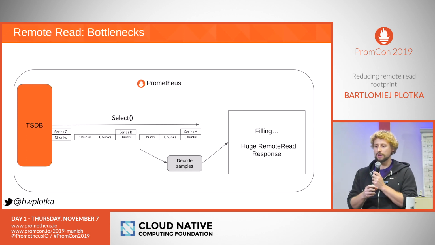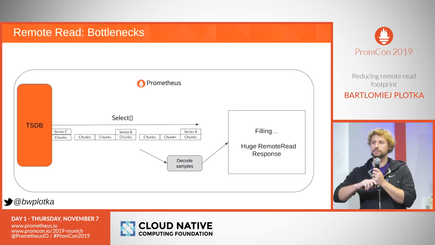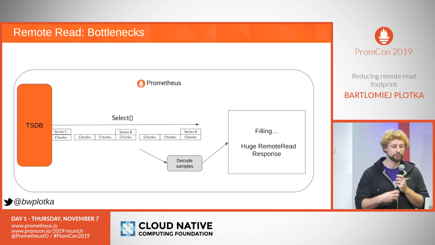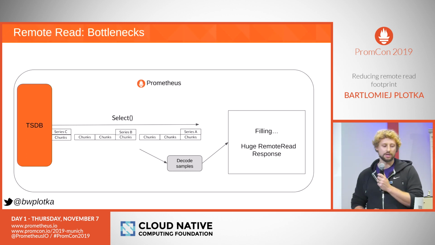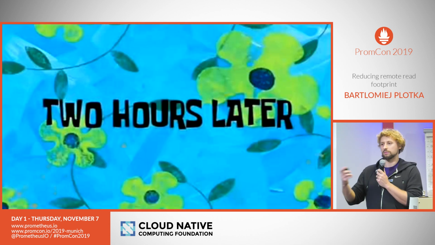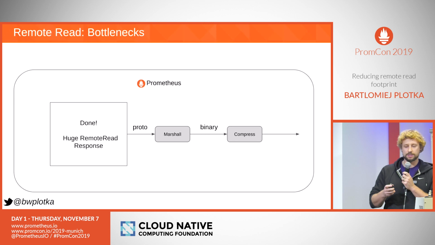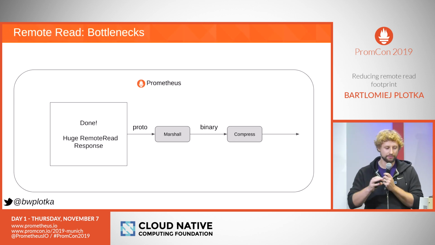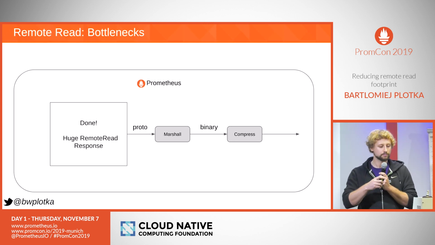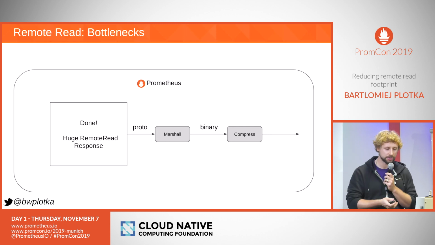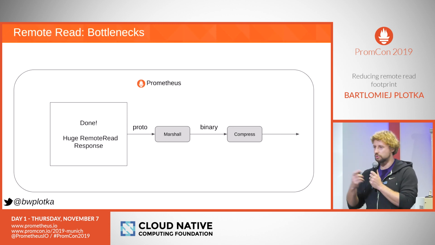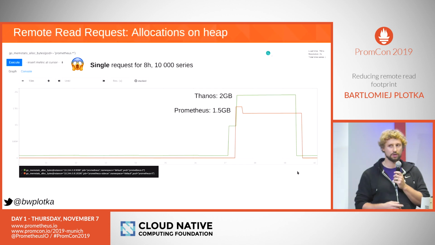On each iteration, we have to decode those into raw samples and put them into a huge buffer to fill this protobuf message. So you can imagine it takes time just to fill the request, and only after all the series are done can we marshal this big protobuf, compress it and send it to the client.